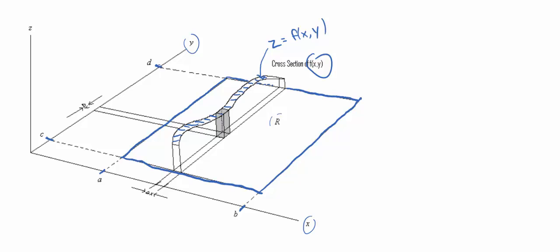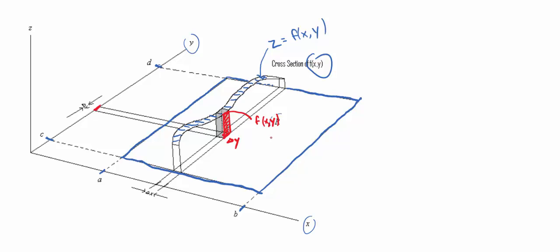Can we come up with, say, the area of that shaded region right there? What would be the width of this vertical rectangle in space right here? It would be this, right? Delta y, do you believe that? And what could we use to estimate the height? I didn't pick a sample point, so we'll just say for some x, y in here, the height would be f of x, y.